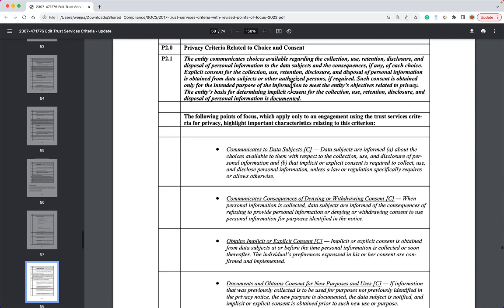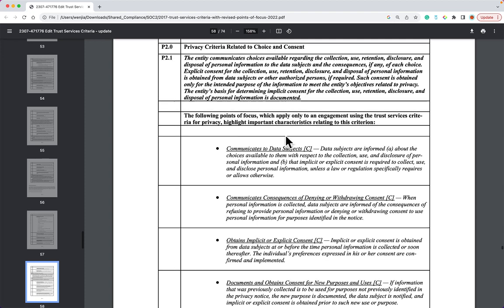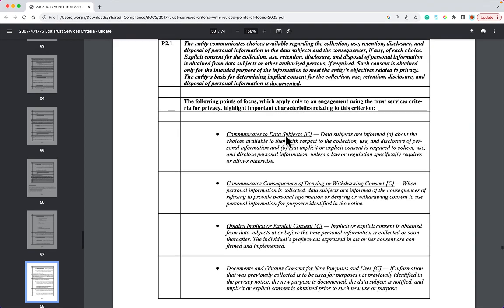So, any action the entity is going to do with some personal information of the data subject, the entity should let the data subject know, should have this agreement in place and have the consent from the data subject.